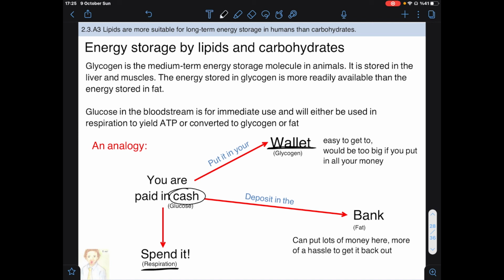We can store a little amount of energy, but we can use it quickly. So it's a fast way of reaching that energy. But lipids are like storing the money in the bank, because taking it out takes a long time, but we can store a lot of money, a lot of energy.